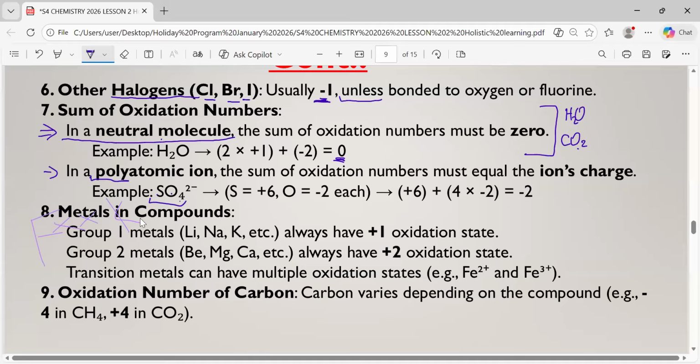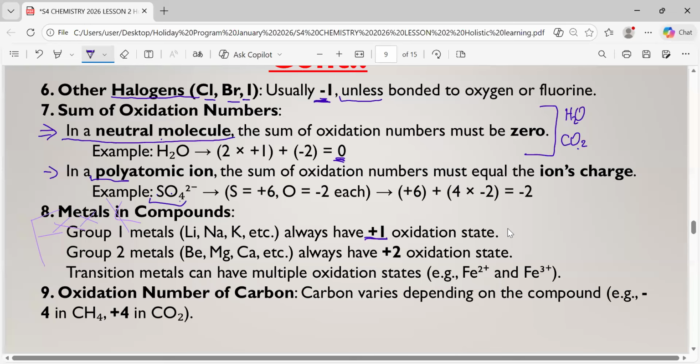Number 8, metals in compounds. Group 1 metals, for example lithium, sodium, potassium, etc., always have +1 oxidation state. Do you know where the +1 comes from for group 1 metals? It is their charge. Because we know that group 1 metals lose their electrons to become stable.